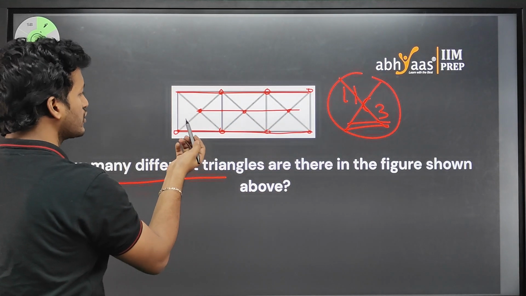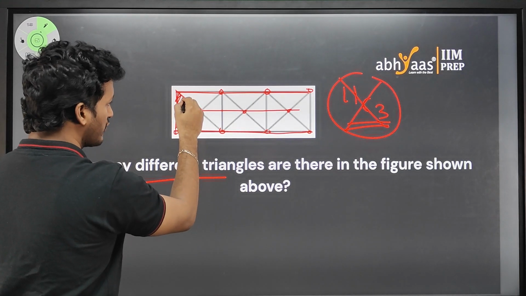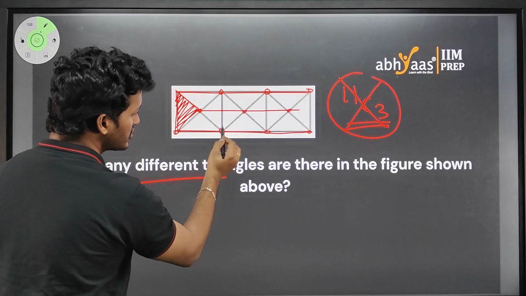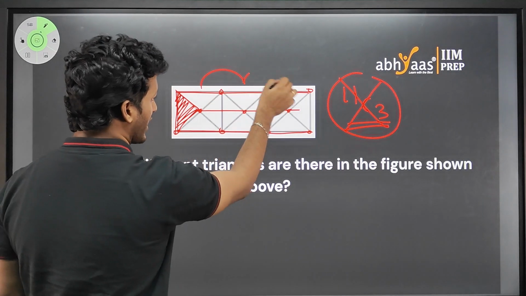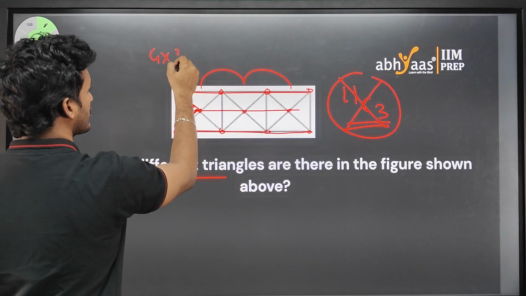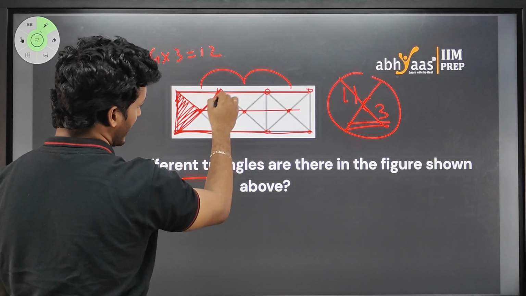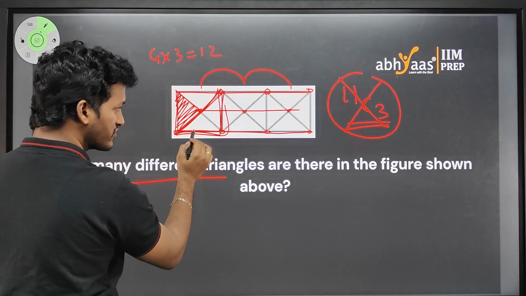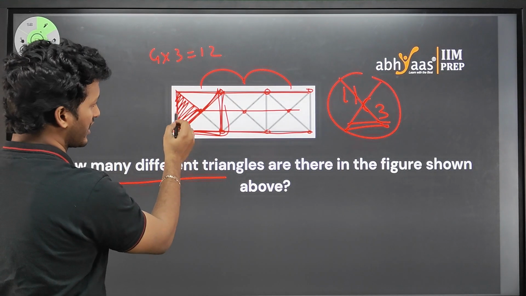Here, the only method you can use is to count directly. How many small triangles of this type are there in each square? There are 4 in each square, and there are 3 squares like that. It's 4 times 3, 12. Coming to a bigger right angle triangle, every square has 2 triangles, right? Or no, it has 4 triangles also.